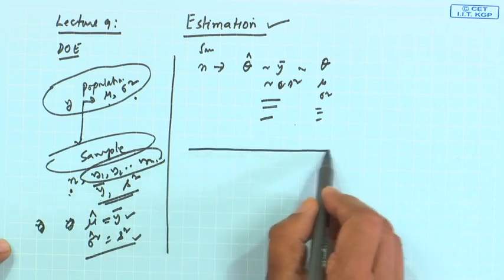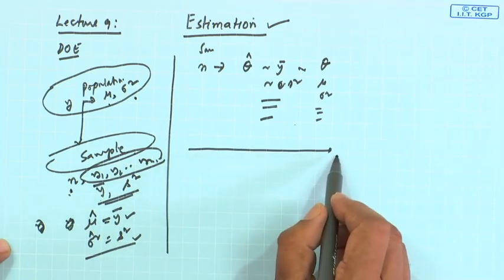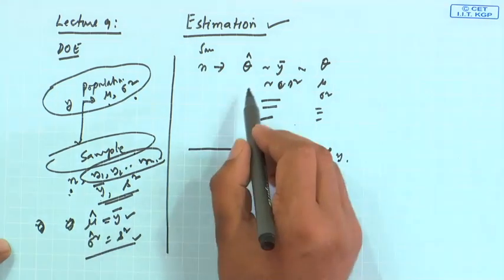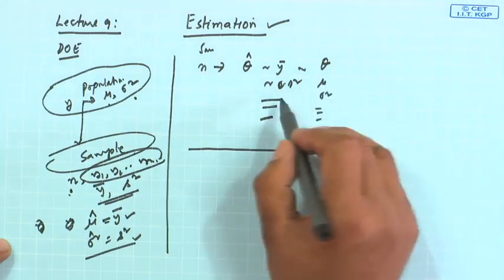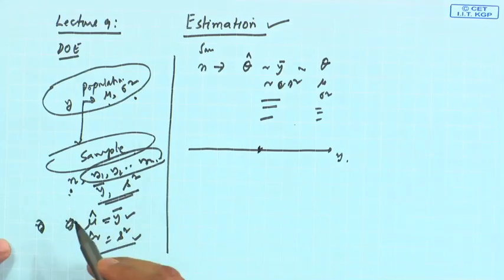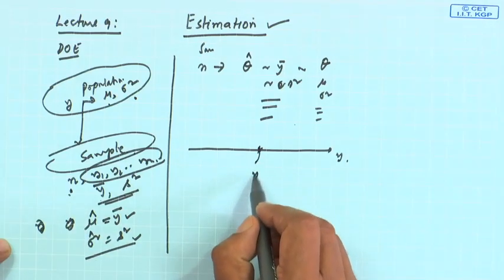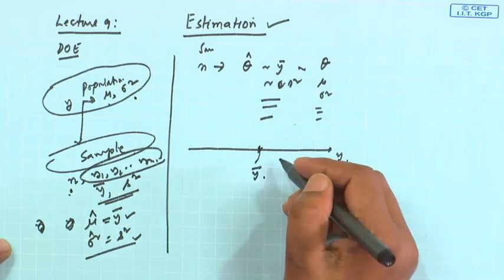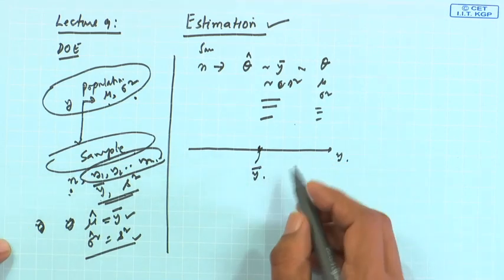Suppose my data are spread y1 to yn here, and if you calculate the average of this, you may find the average value is this. So, this is y bar from a sample, this is a point estimate. Okay.